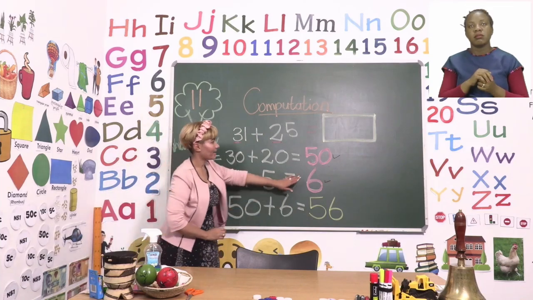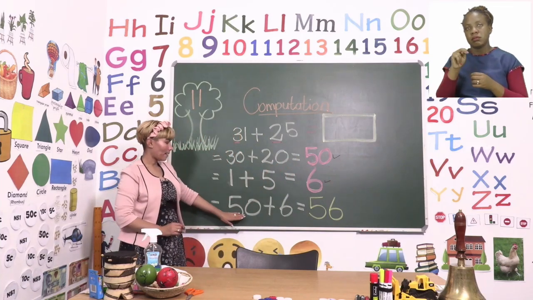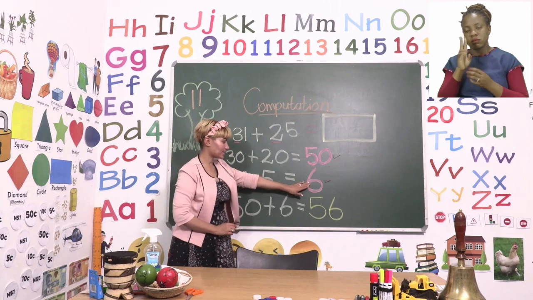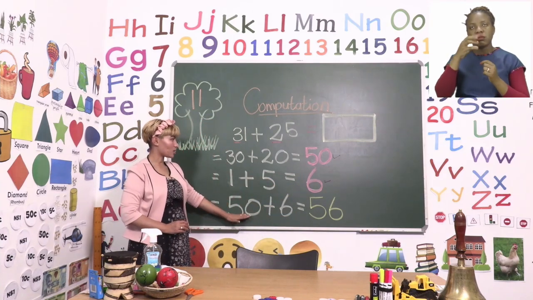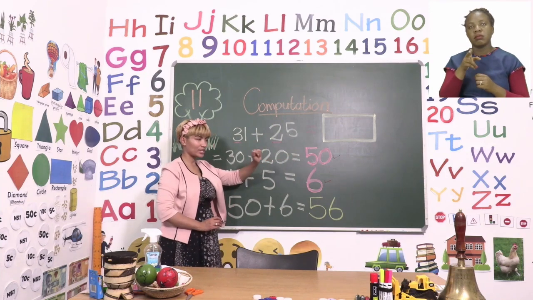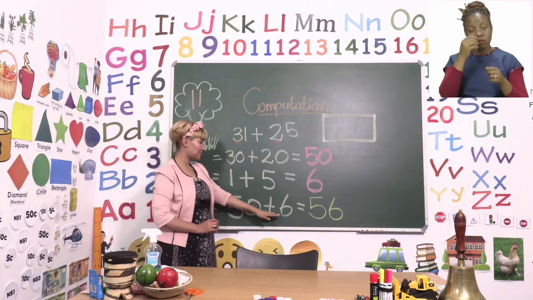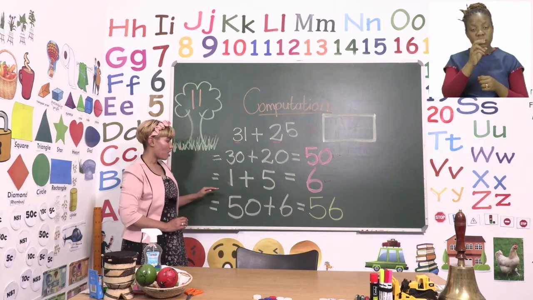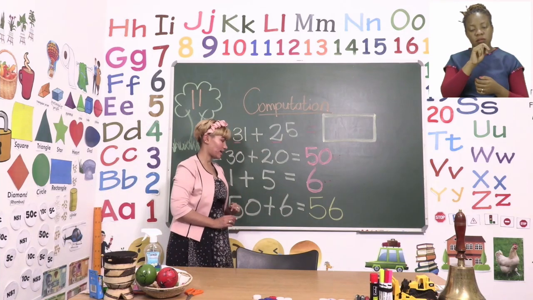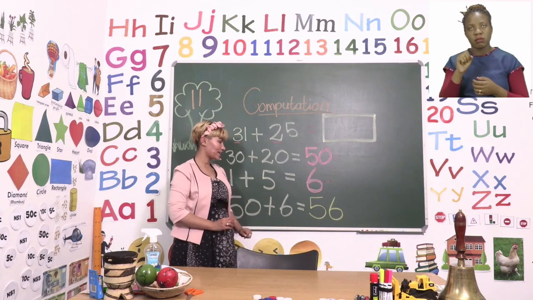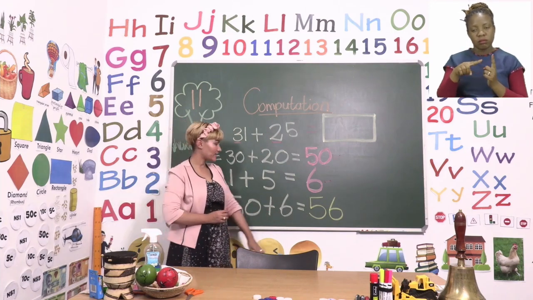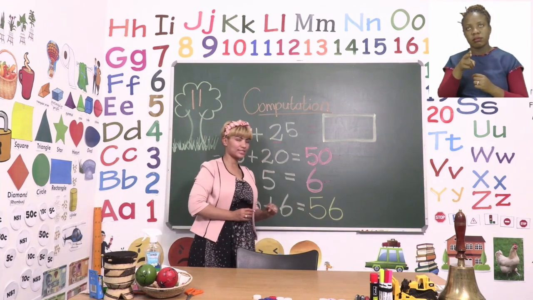So we say 50 plus 6. Remember, the 50 is the answer of our tens added together, and the 6 is the answer of all our units added together. If we say 50 plus 6, then the answer is 56.